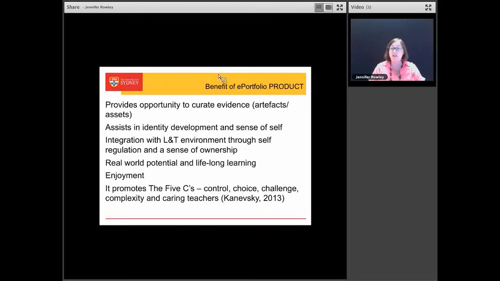They are challenged at times not only by the technology but by the tasks and the complexity of it. But I think what's really nice is that as I feed back to them and comment on their products, they see that there's a real caring about how they are engaging in their learning. And I've taken that from Lani Kanevsky.